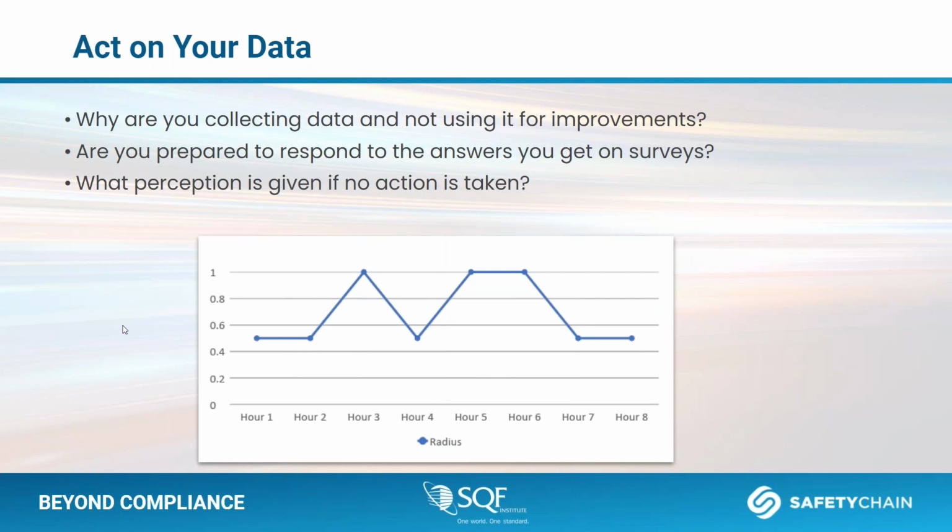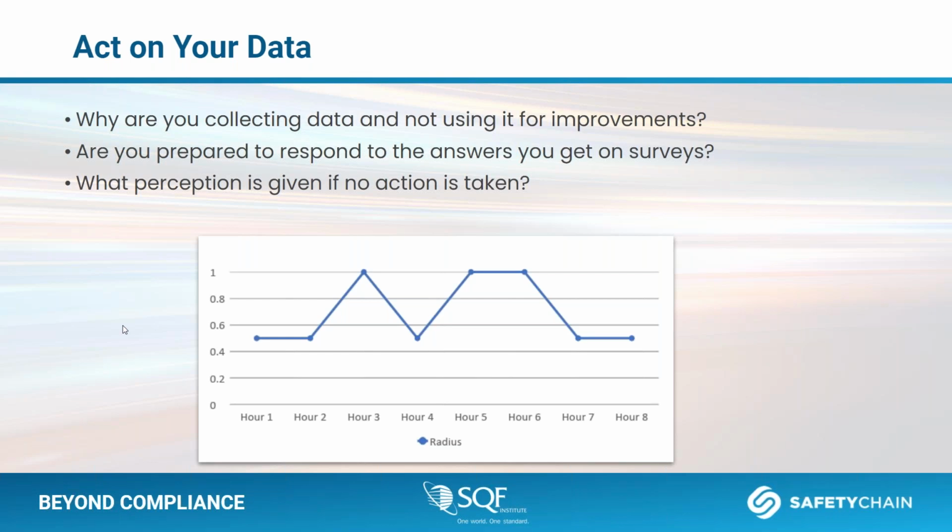And then are you prepared to respond when you do identify an issue? So for example, if you took a food safety culture survey, and a lot of our sites did, it's not required per the code, but a lot of our sites took a food safety culture survey, were you prepared to take action on the answers you got? Okay, so you always need to be aware of that.